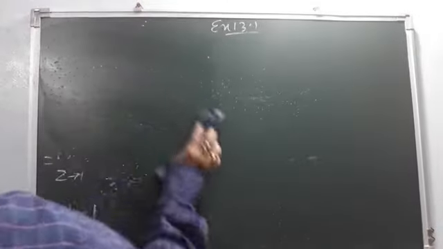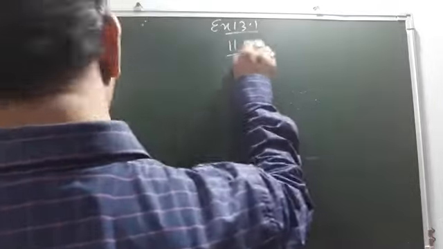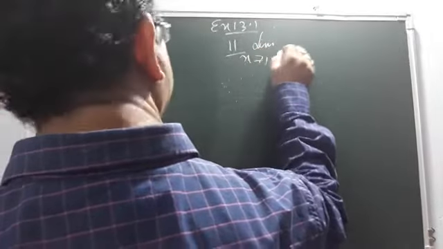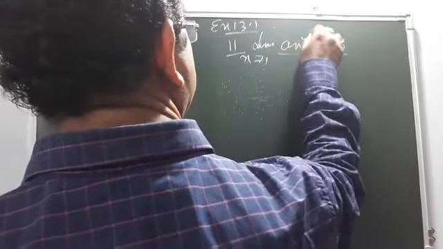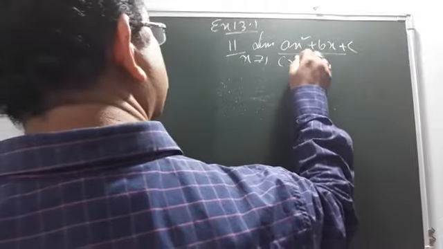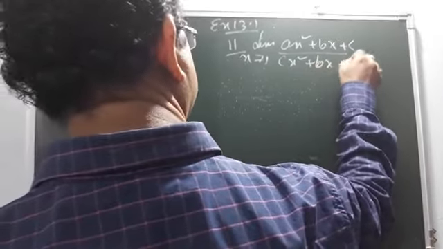Now we will do question number 11. So what is question number 11? Question number 11, it is simple. Given limit x tends to 1, ax square plus bx plus c, and here cx square plus bx plus a.